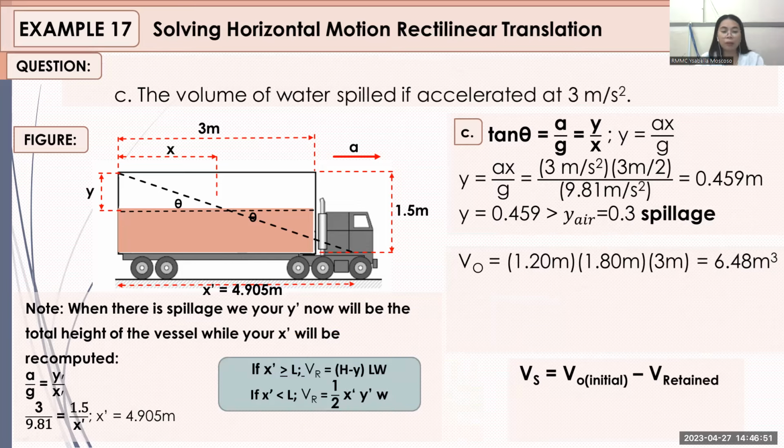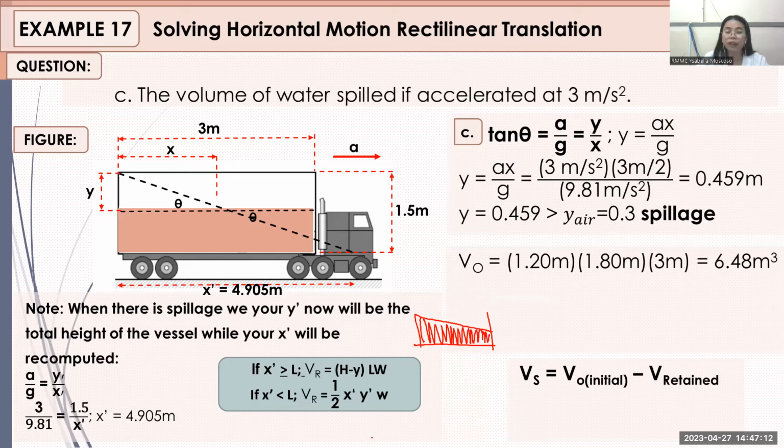Sabi dito, if your x prime is greater than or equal to your L, your volume retained is (H minus y) L W. Kasi parang na itong trapezoid. Yan o, ganyan na yung kanyang shape. Trapezoid na siya. Ito na yung volume retained ninyo.